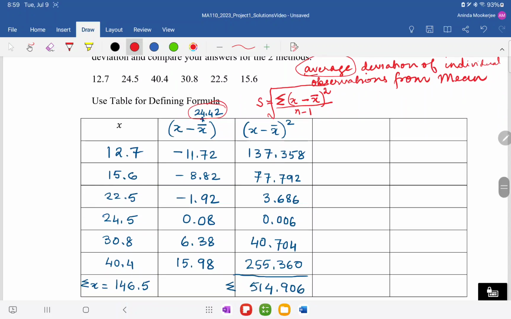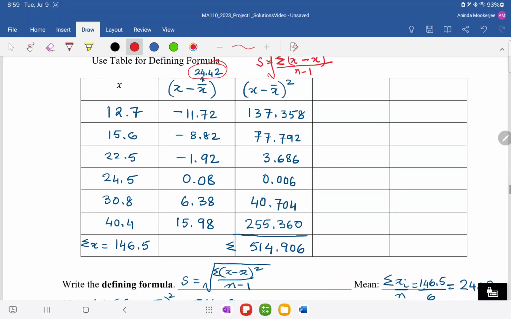Then you have to subtract the mean from each individual x value, so x minus x bar. 12.7 minus 24.42 is negative 11.72. 15.6 minus 24.42 is negative 8.82. And we do the same step over and over again for each of these values.